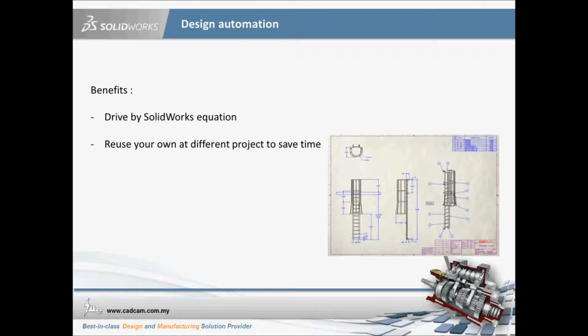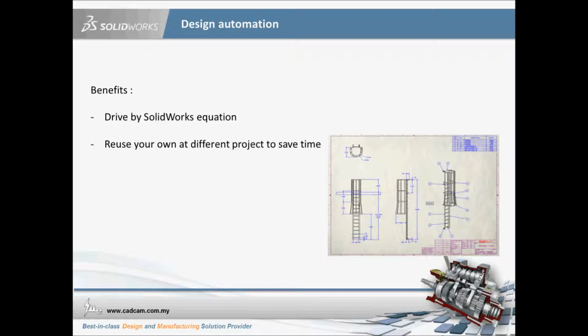Like I mentioned just now, I showed you some additional things on design automation, where in this case we see a ladder, and it's actually driven by SolidWorks equations. So by putting in equations, easily you can save your parts into what we call our own library, and when you have other projects, you can just reuse it in different projects to save time, and simply drag it or click the new dimensions.